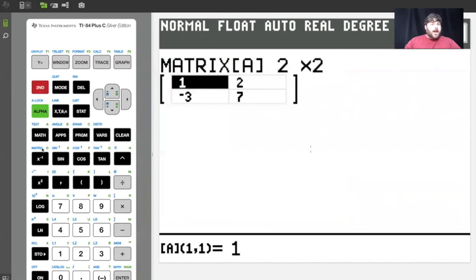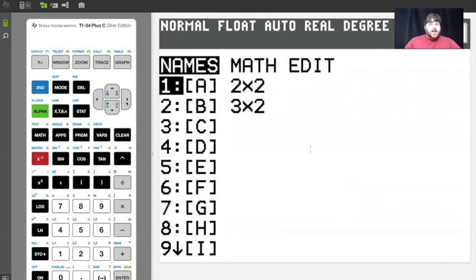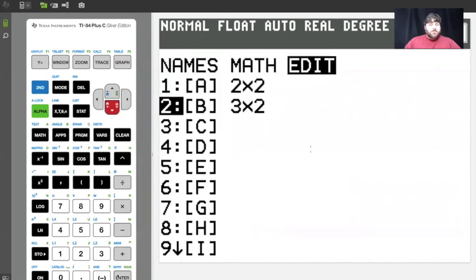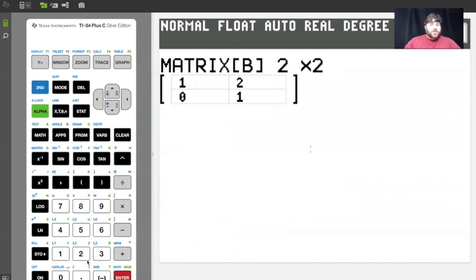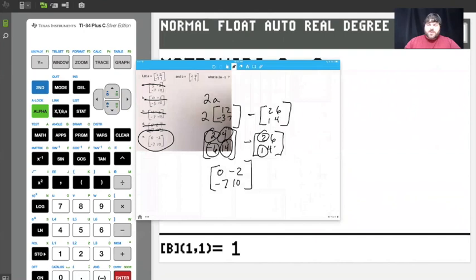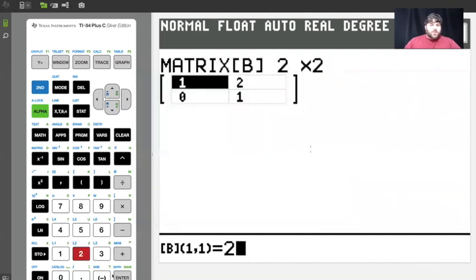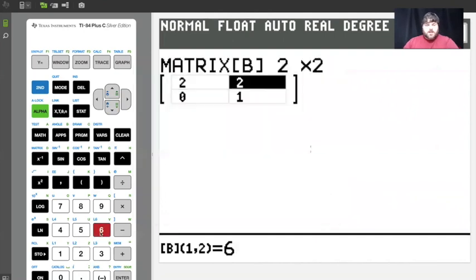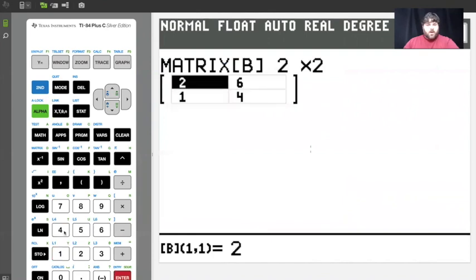Okay, go back to matrix, go over to edit, and we want to edit matrix B. Make it a 2 by 2 matrix. Fill in the numbers. It's 2, 6, 1, 4.